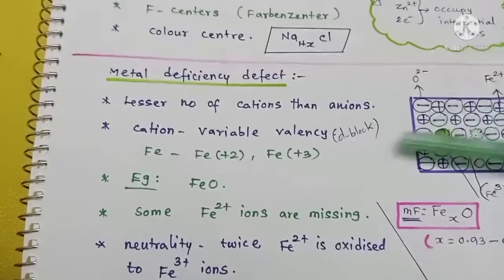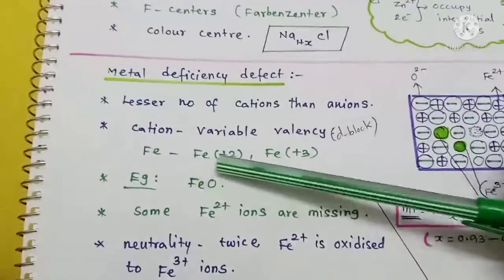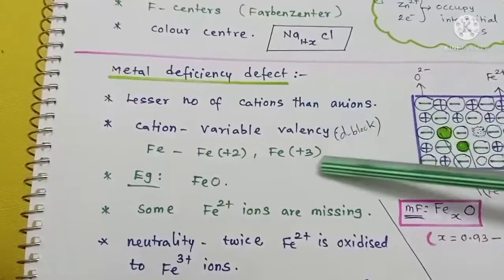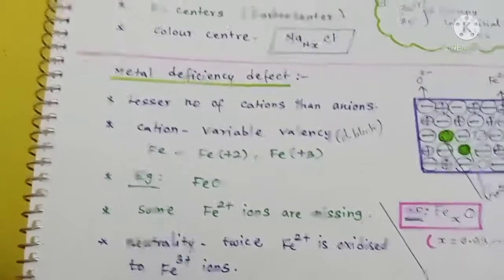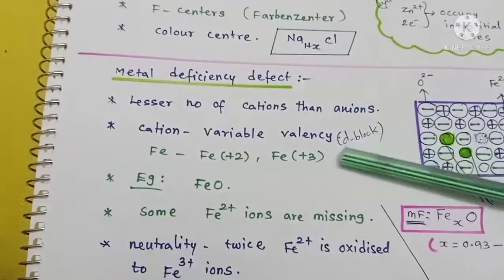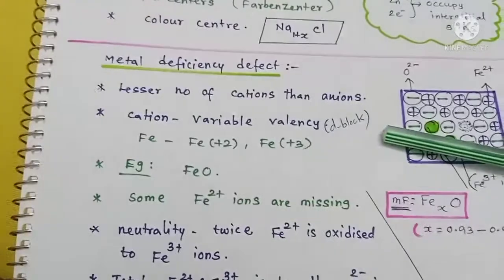Okay. For example, if you take iron, iron has two different valencies, isn't it? Fe2+ is there as well as Fe3+. So only in such metal compounds is this metal deficiency defect observed. Basically, in compounds of transition metals, d-block, we have this kind of metal deficiency defect. Okay.